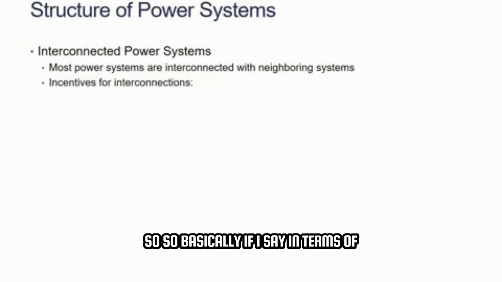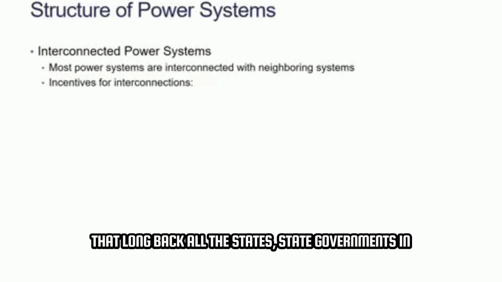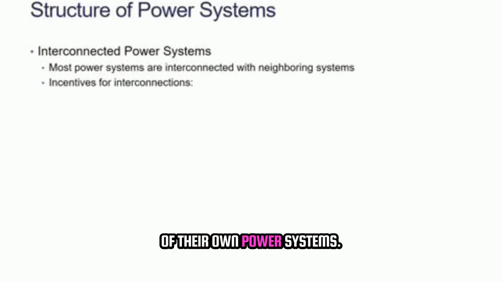So basically, in terms of incentives for interconnection, as I told you before, long back all the state governments in India were told to generate power and take care of their own power systems.